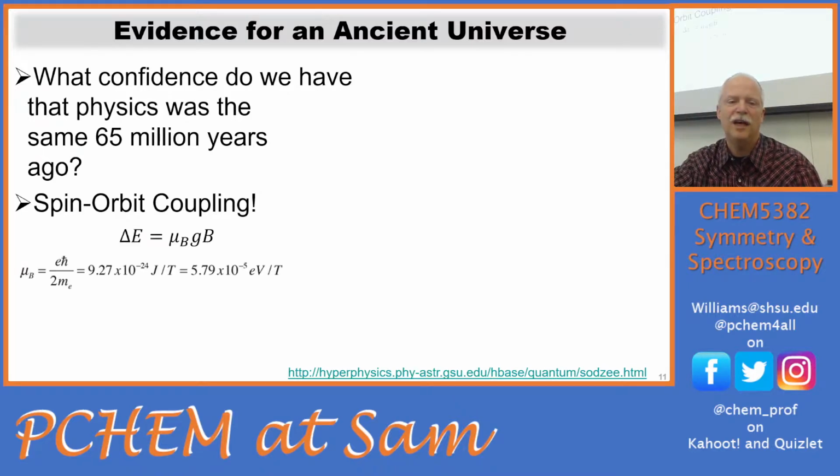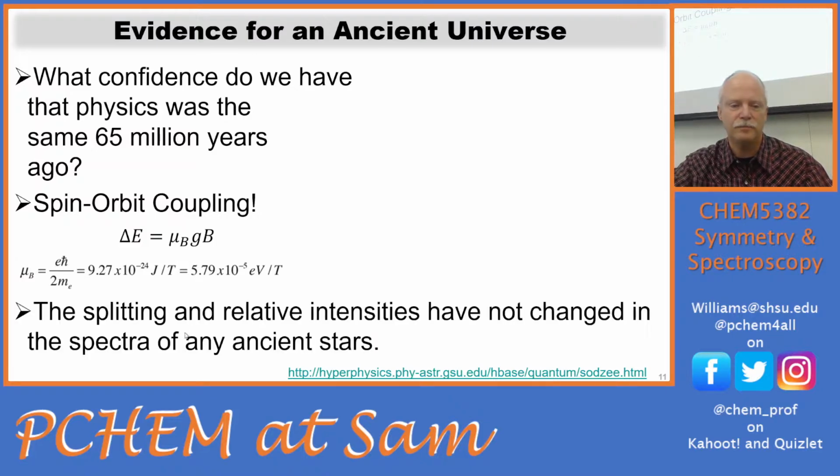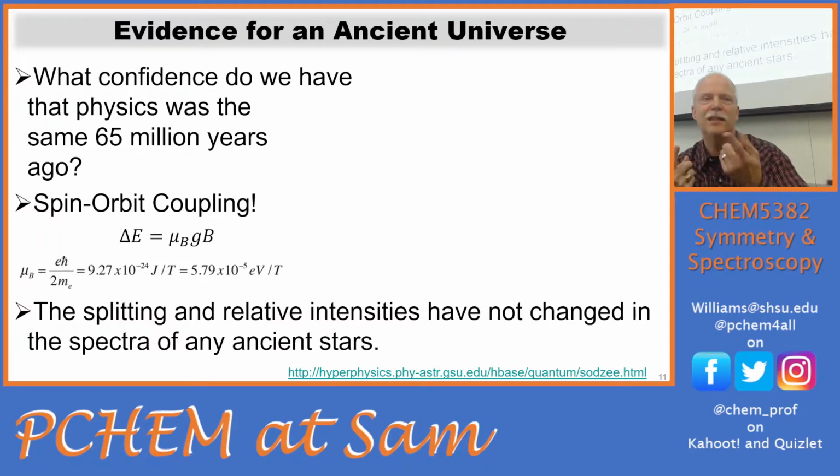And so that doublet comes from the magnetic coupling constant for the electron, and it's the same for that sodium atom as it is for the one on Earth, and the magnetogyric ratio, this G, and the magnetic field of that little electron. And so the splitting and relative intensities have not changed. The relative intensities are governed by Boltzmann's distribution.